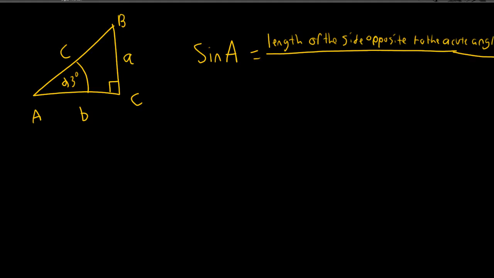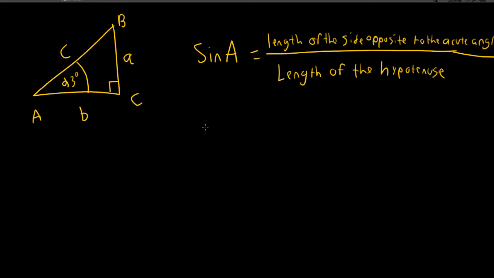And this is all assuming right triangles. In the bottom part of the ratio, it's the length of the hypotenuse. And that is our proportion. This is so important. We created this specific definition, the sine of A, to describe that proportion.